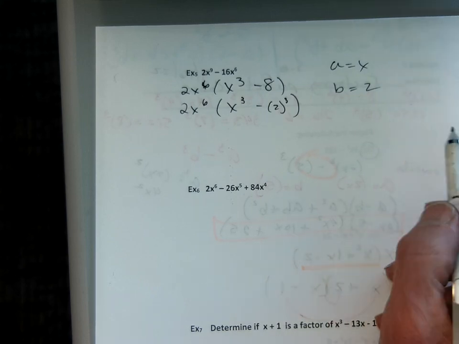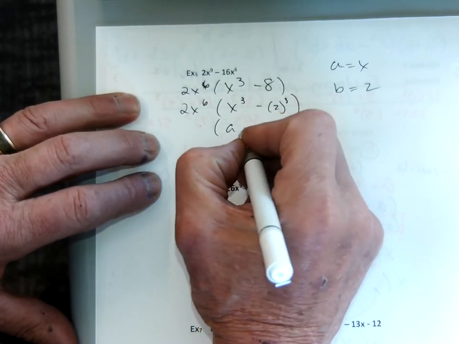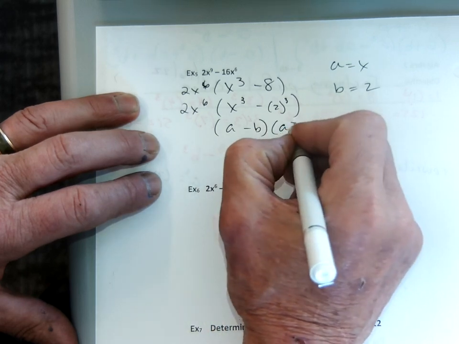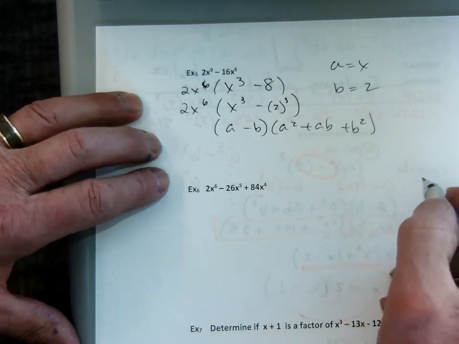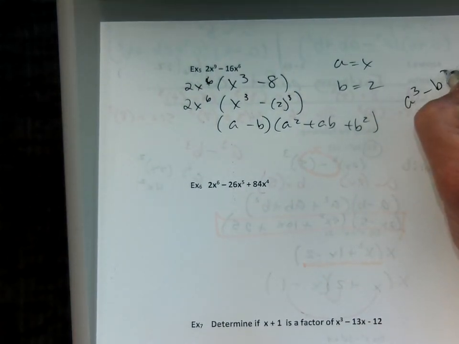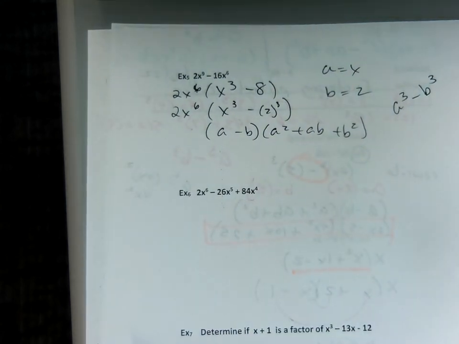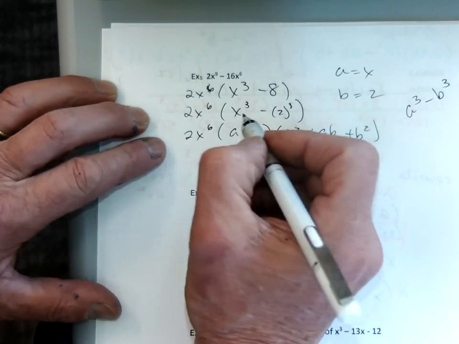I'm going to use the formulas on the board. I'm going to use my a minus b times a squared plus ab plus b squared. Okay, I'm using that formula, which is what we have on the board, right? So the 2x to the 6 is still there.